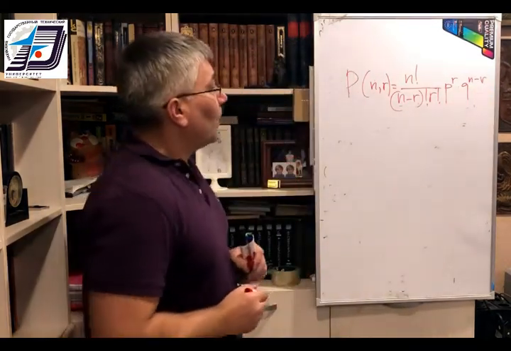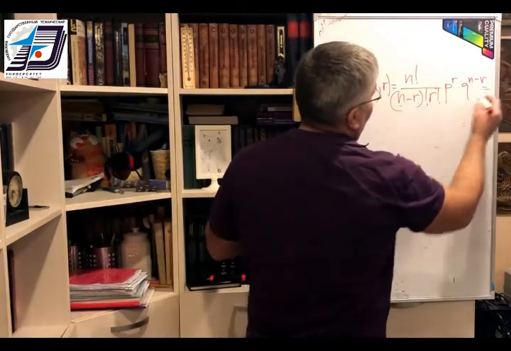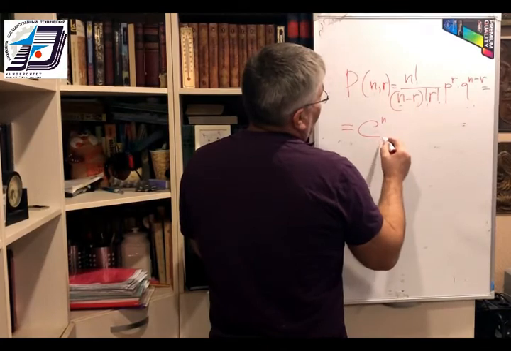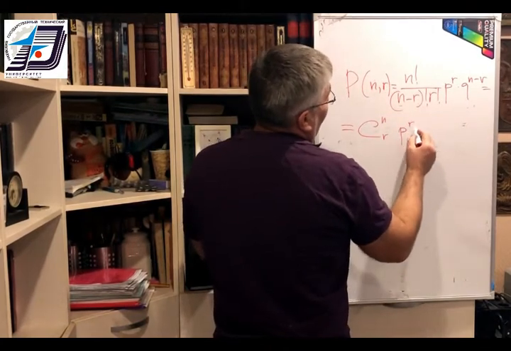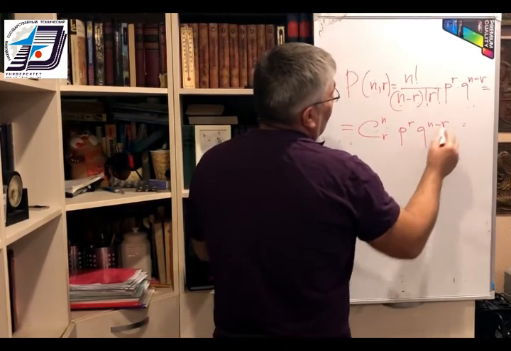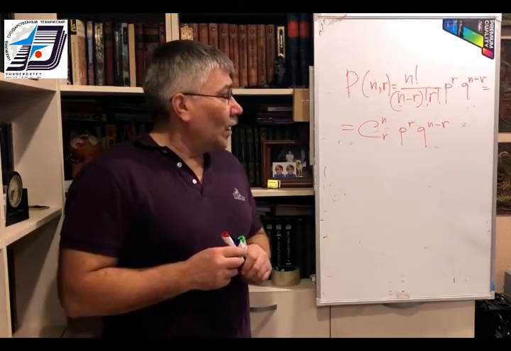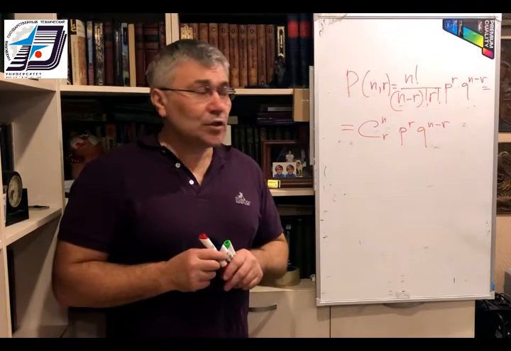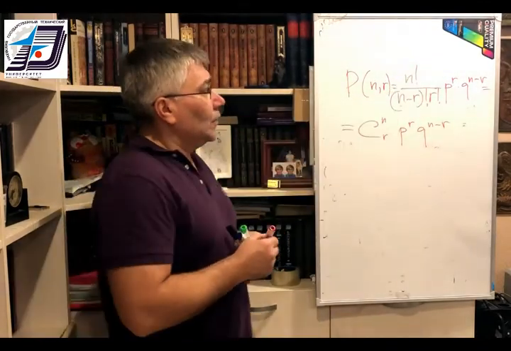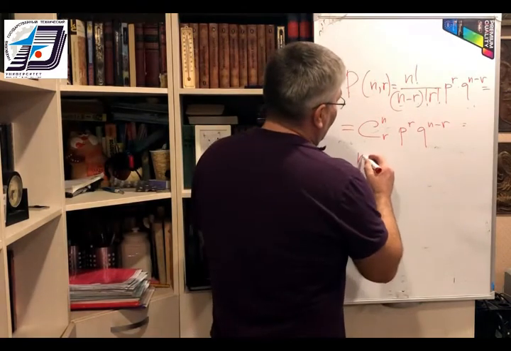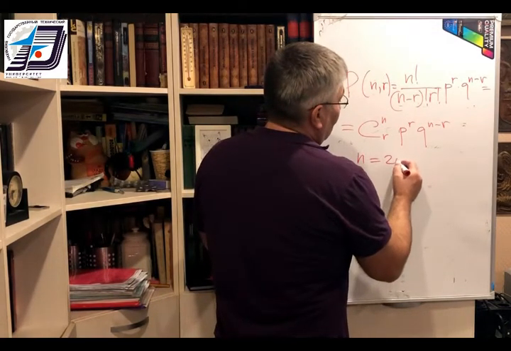This formula, we have reduced here to choose r, p raised to power r, q raised to power n minus r. What happens if n is quite a large number? For example, 200.